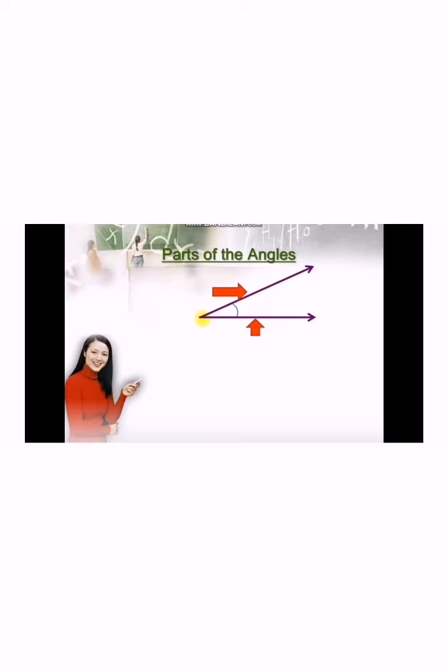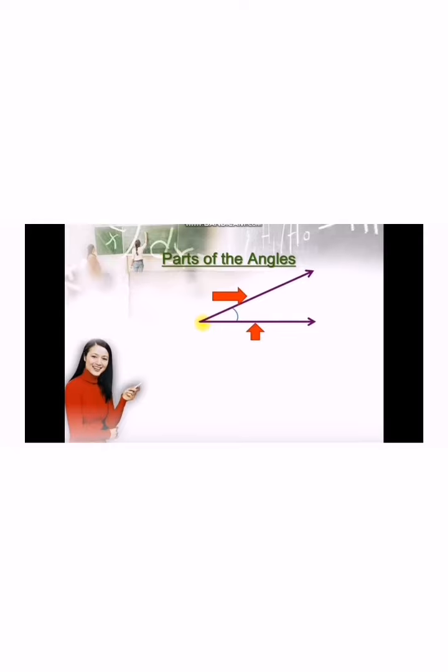So everybody knows that an angle has three parts. It has two arms. The red arrows show the arms. The yellow part is the vertex and the blue part is the angle.